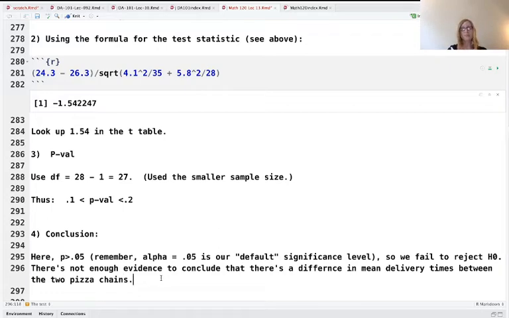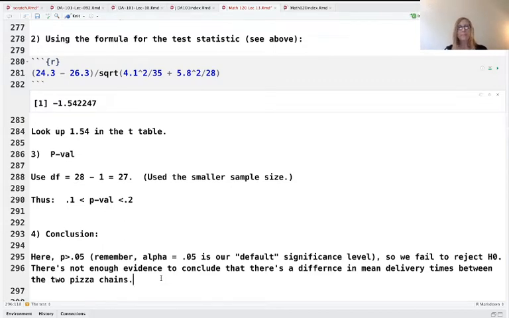The end. Clearly, we observed a sample difference, but seems like that was explainable by random chance. There's no strong statistical evidence to suggest that Pizza Hut is doing better than Donato's in this case.